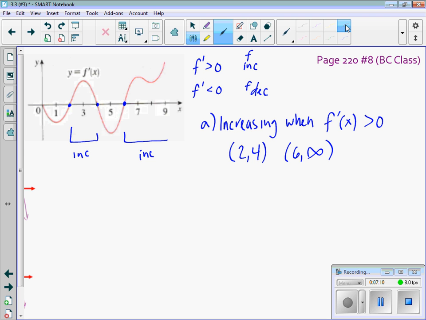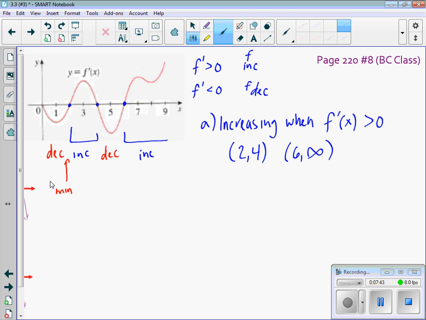Okay, so on part B, A and B go hand in hand here. Part B is asking about the maxes and mins of the function, the f function. So when you're talking about the f function here, it's decreasing here, it's increasing there, it's decreasing here, and it's increasing there. So the function is decreasing, then increasing. So what is this spot right here? If it decreases, then increases, this would be where there would be a min in between those.